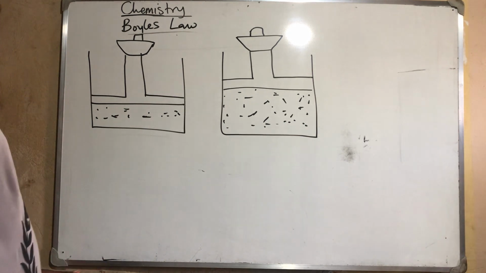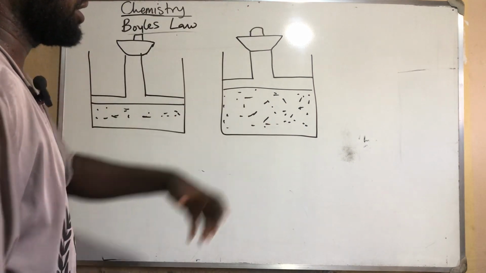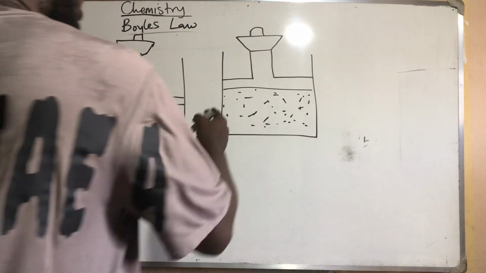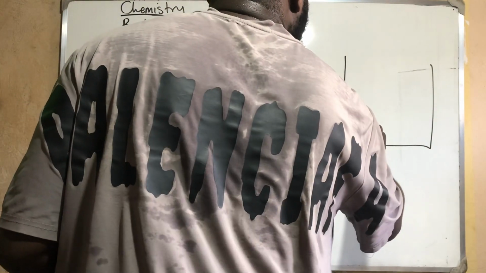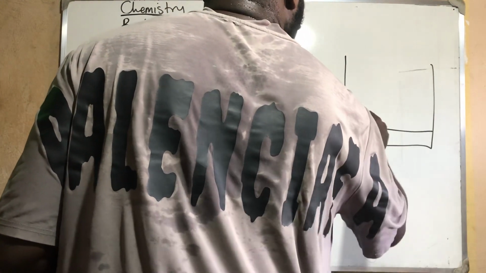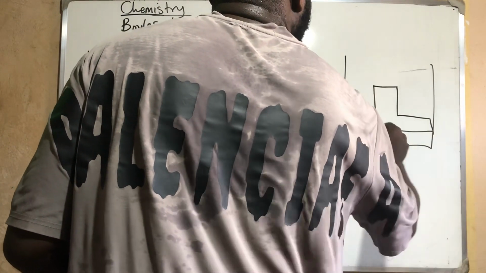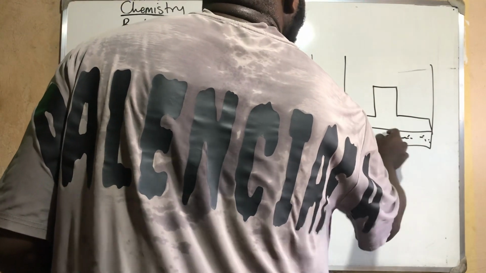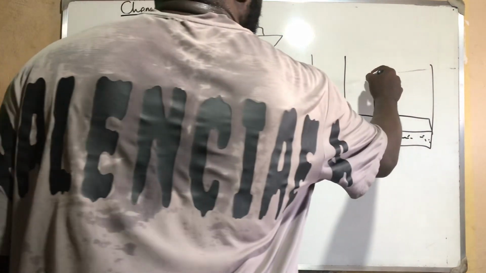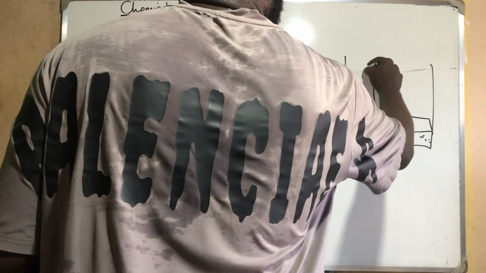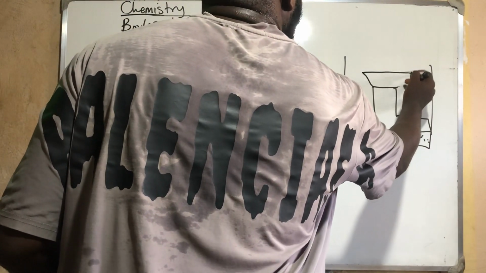Another way, the third way, is when you replace it with a heavier one, compressing it more, maybe to this point. Are you getting it? You see that they are now fighting with so much pressure, so the pressure will increase with a heavier one.